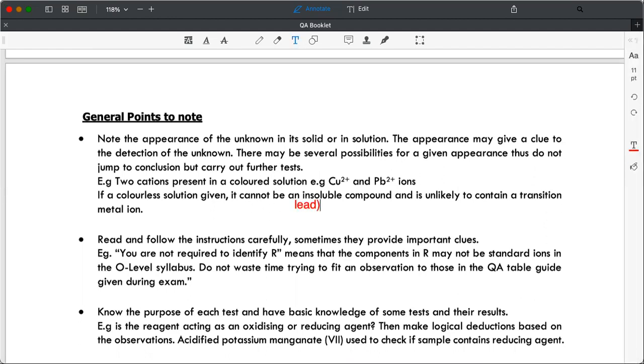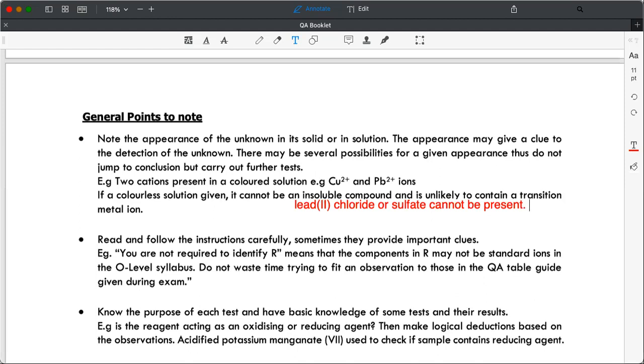So lead-2 chloride or sulfate cannot be present. In the solution where you are testing for the unknown cations and anions, if you have one anion as chloride or sulfate, the cation cannot be lead-2 plus because it was a solution, not an insoluble compound. So it's something for you to take note.